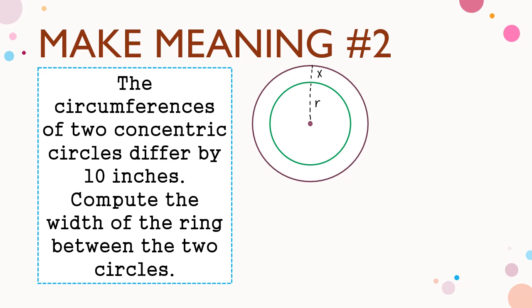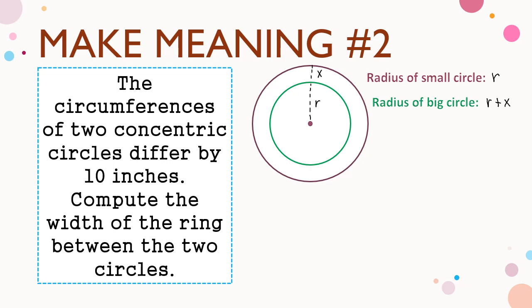So the radius of the small circle will be represented as r, and the radius of the big circle will be represented by r plus x. That means this distance of the radius of the small circle plus the additional distance, that is r plus x.